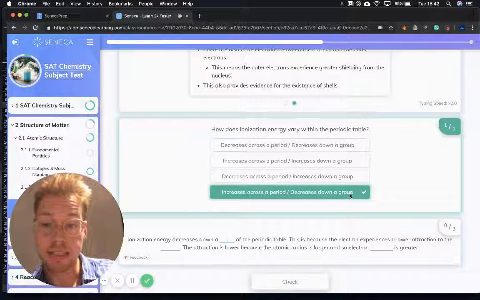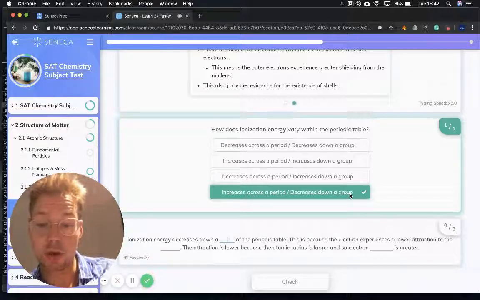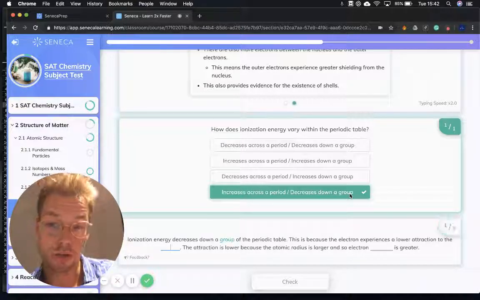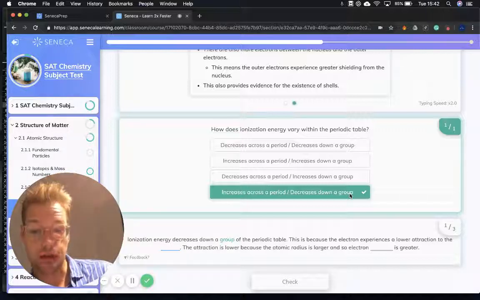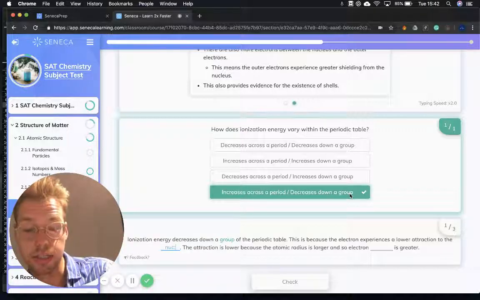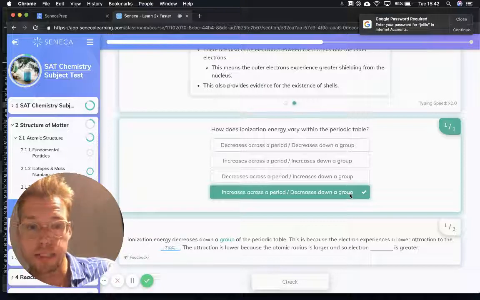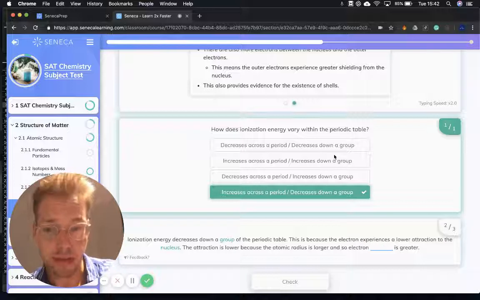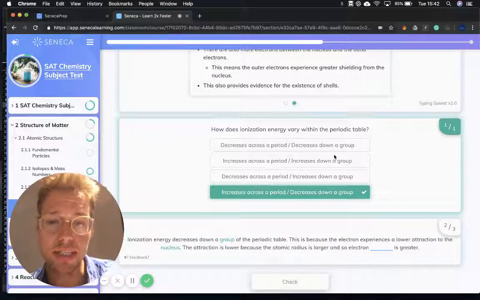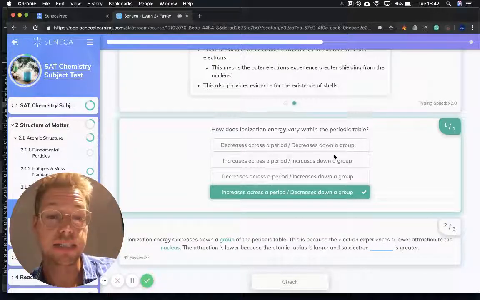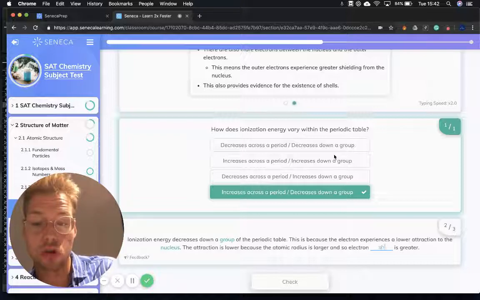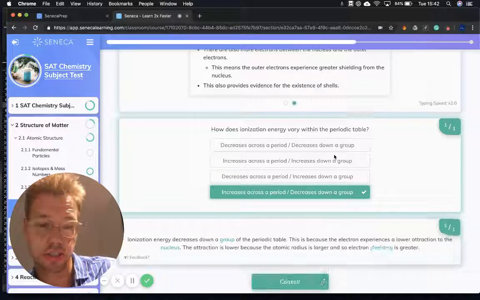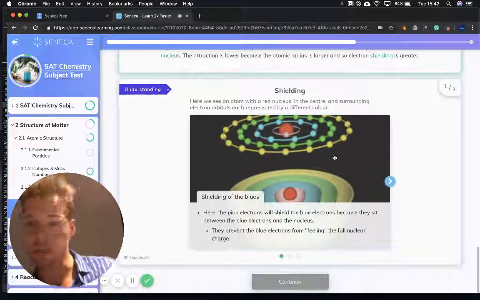So ionization energy decreases down a group of the periodic table, and this is because electrons experience a lower attraction to the nucleus. Remember that nucleus is that positive little ball of protons and neutrons in the middle of an atom. And the attraction is lower because the atomic radius is larger, and so electron shielding is greater. Boom, you learn something new every day.